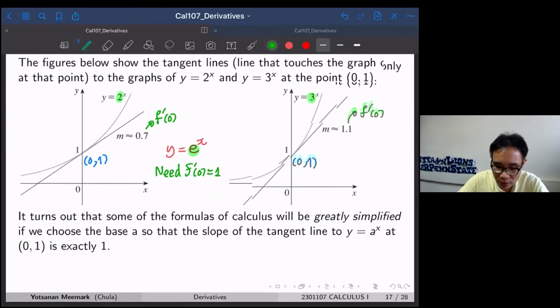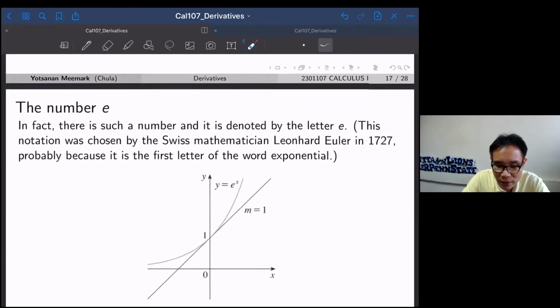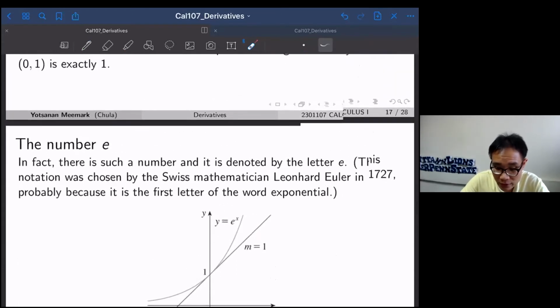So in this case, this is what I'm going to lecture first. It turns out that some of the formulas of calculus will be greatly simplified if we choose the base a so that the slope of the tangent line to y equal to a to the x at (0, 1) is exactly 1. And in fact, there is such a number, and it is denoted by the letter e.